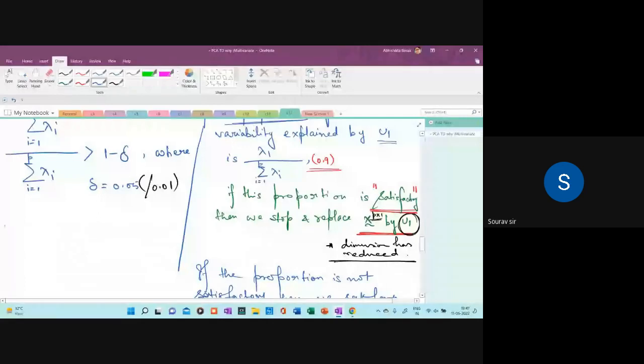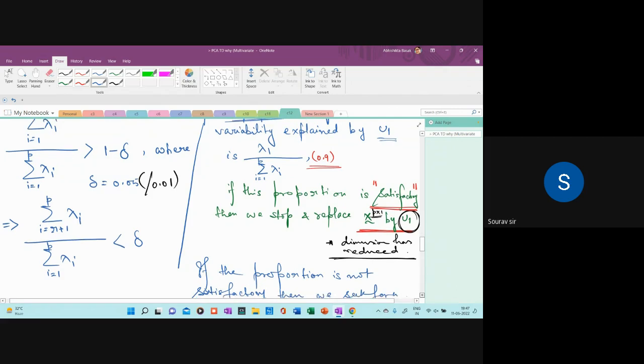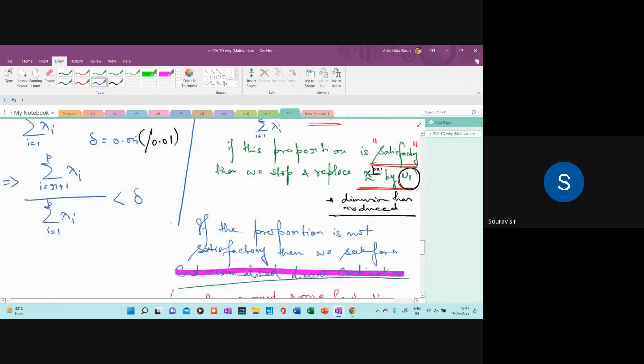So that actually gives me summation over i from r plus 1 to p, that is those components which we do not retain, divided by summation over i running from 1 to p lambda i, is going to be less than delta. I just interchanged and did the summation, because this is nothing but the process of summation.